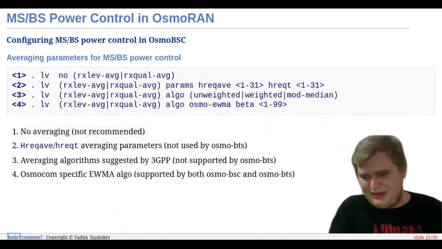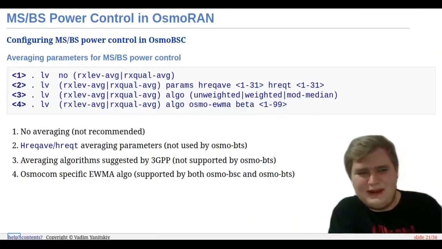Of course, you want averaging for the input parameters, because otherwise you will be affected by small fluctuations of both parameters. This is not what we want. And until recently, there has been no averaging at all, until we started to improve power control back in 2020, 2021.